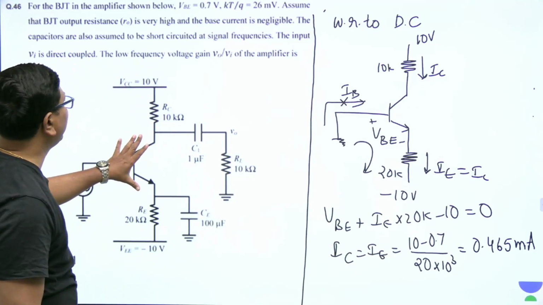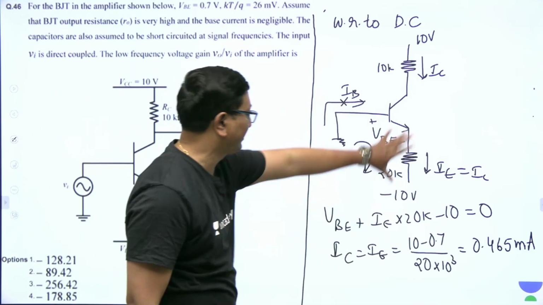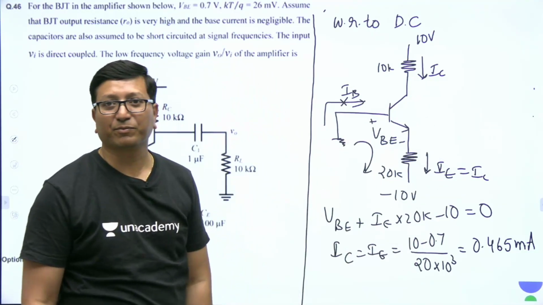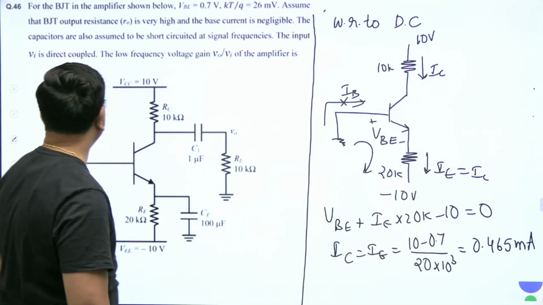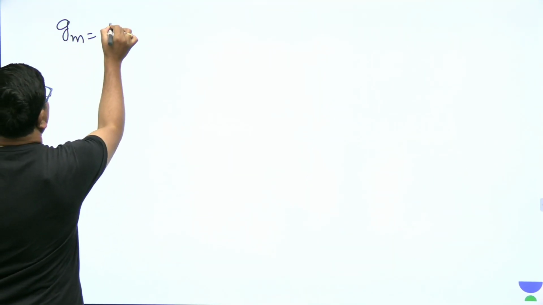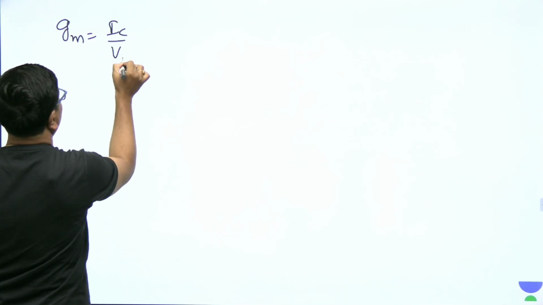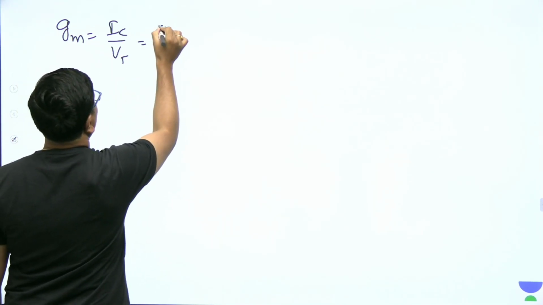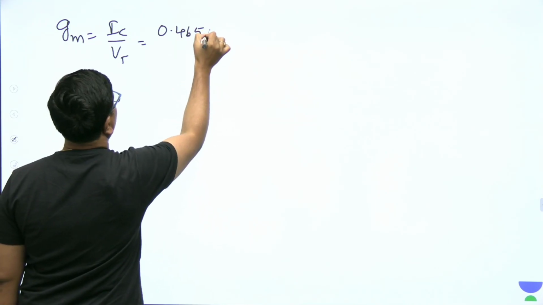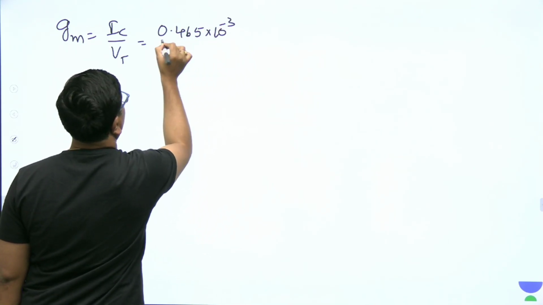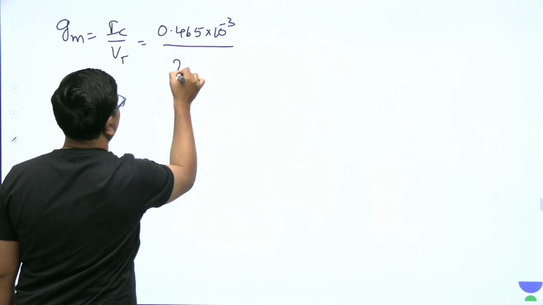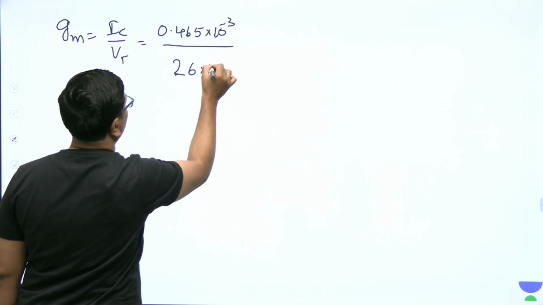Okay, from the DC equivalent circuit, first we calculate IC. Once IC is done, next you need to see the GM value. What is GM? GM is equal to IC by VT. IC is 0.465 milliampere, VT is 26 millivolts.